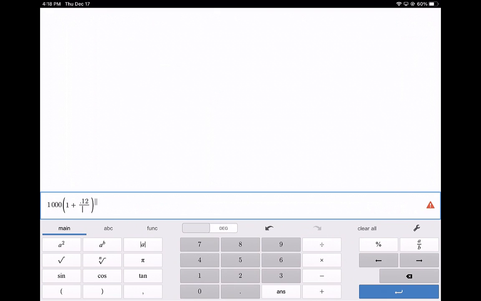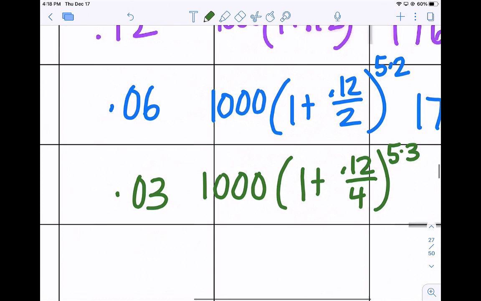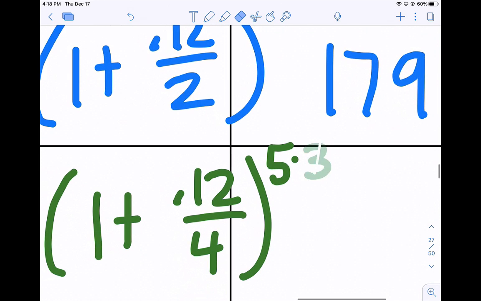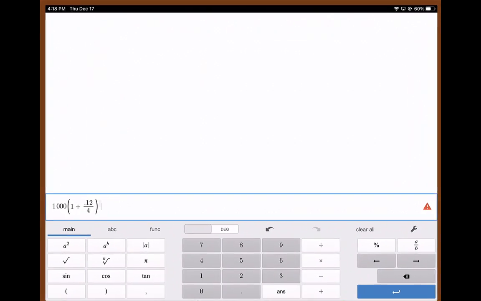All right, so now we're doing it for quarterly. So we'll divide by 4 because it's 4 times a year. Oh, did I type my equation wrong? Let's double check. Oh, yeah, I said 3 times a year, and that's wrong. It should be 4 times a year. Right? So we're calculating it for 5 years, 4 times a year, not 3 times a year. Silly me. All right, so let's change that here.